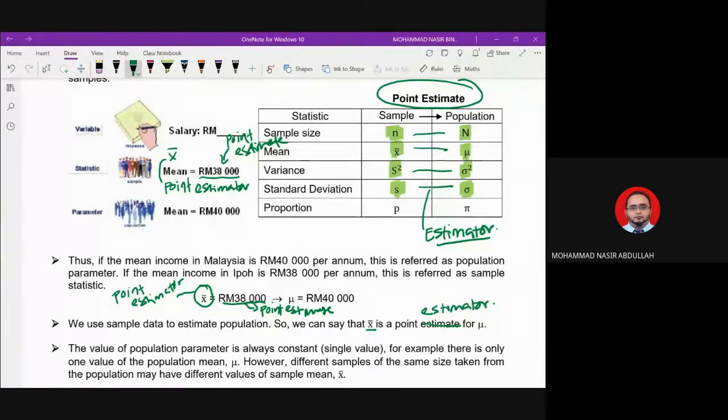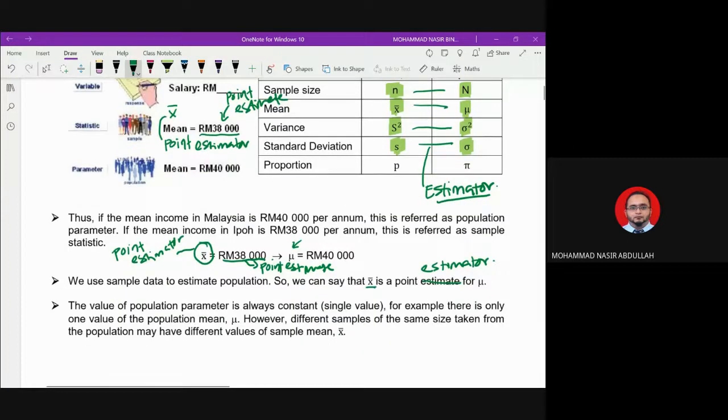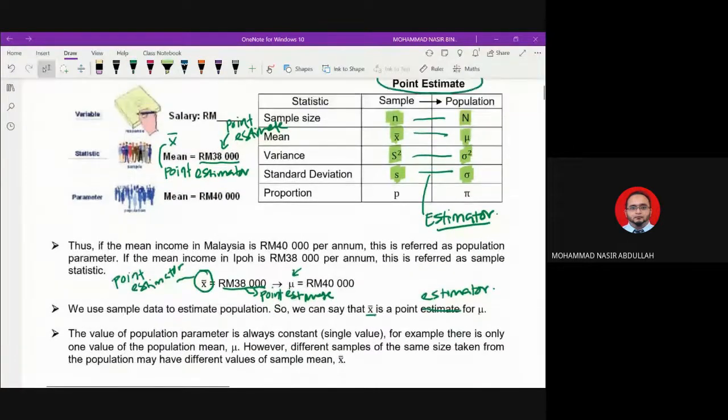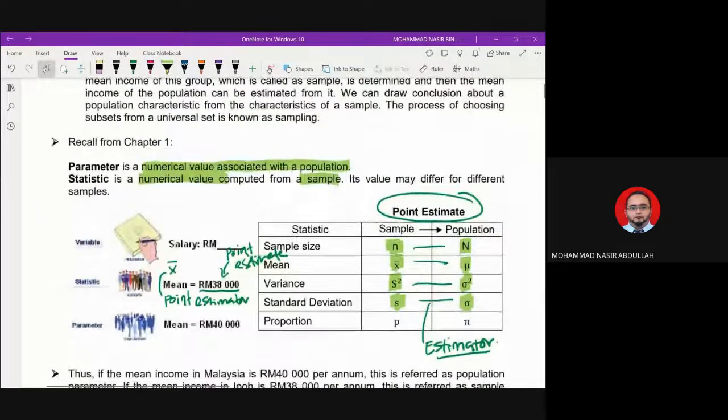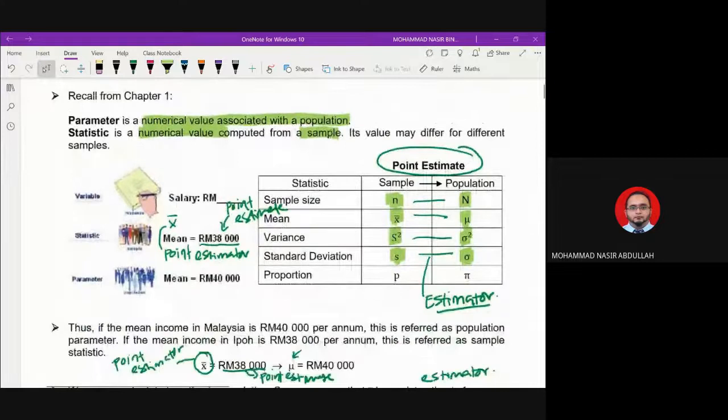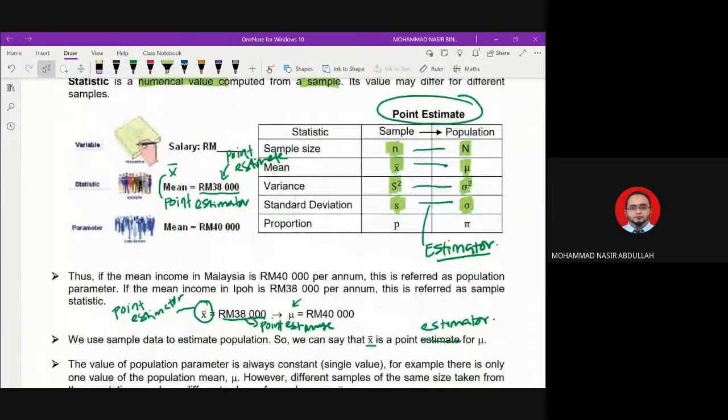We need to remember the symbol x bar is specifically designed for a statistic, which is the sample, and mu is the mean for the population, which is the parameter, right? So this is a very basic introduction. I hope you understand the difference between a point estimator and a point estimate. The symbol for a point estimator is different based on statistic and parameter, for sample and population.